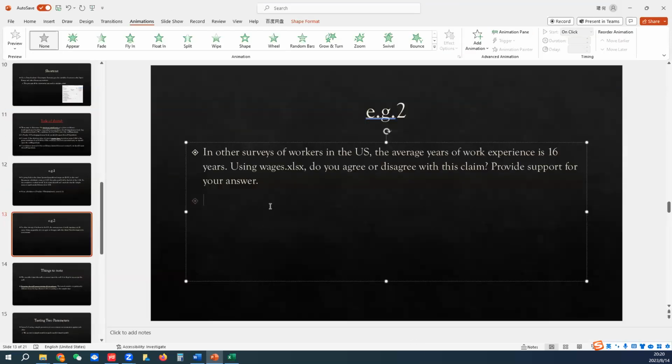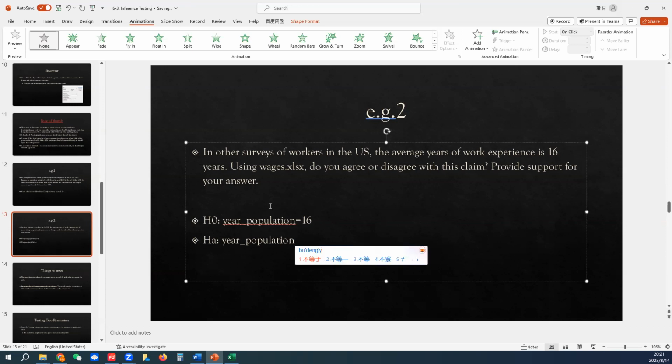So in this case, H naught is the population years of experience equal to 16. And the alternative hypothesis is that the population years of experience is not equal to 16.